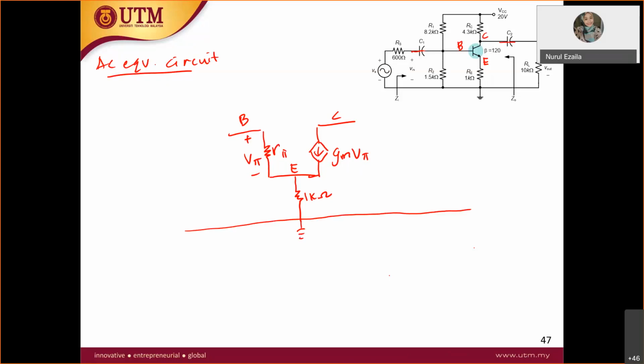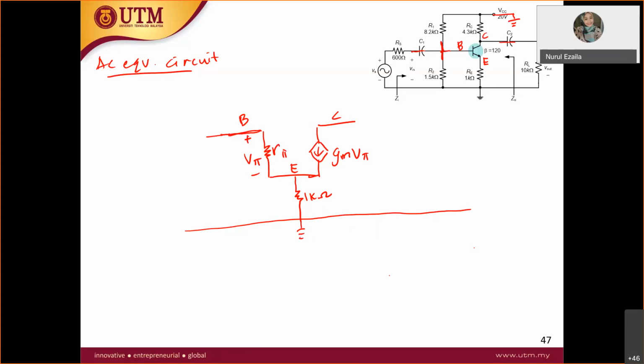At the base node, you have the DC voltage supply, also grounded. At the base you have resistor R1 to the ground, and also resistor R2 to the ground.